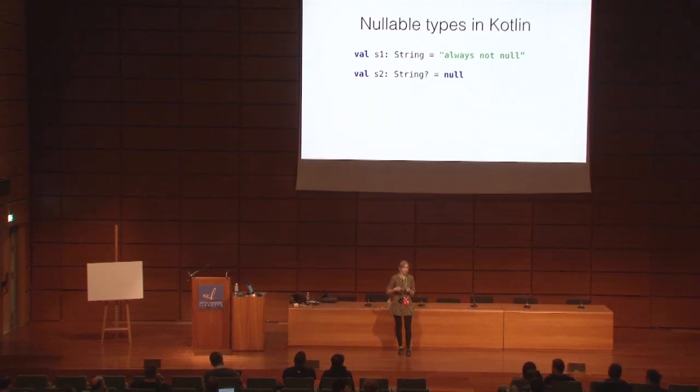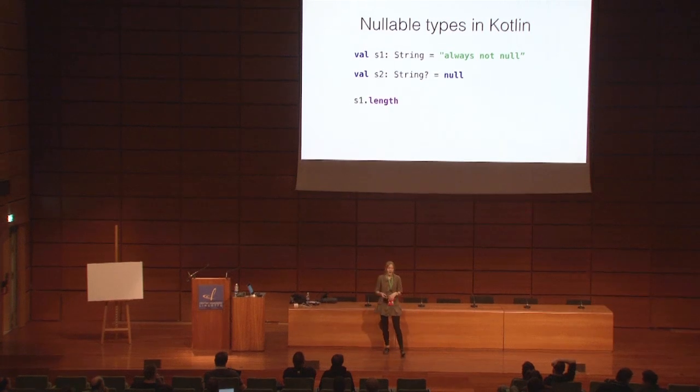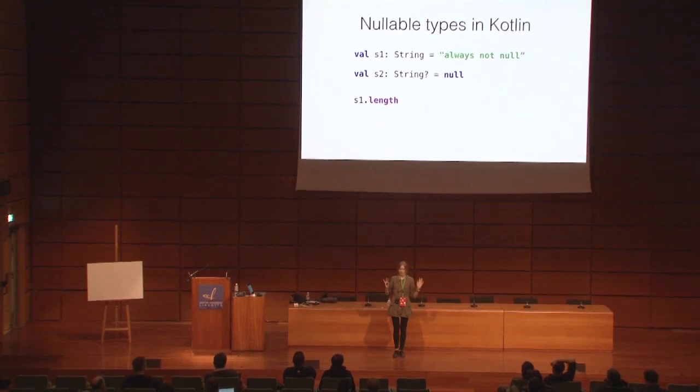And if you want it to be able to contain a null reference, you should declare it explicitly with a question mark. A type with a question mark means the value of this type can contain null. And you can safely dereference the first variable for sure. There are guarantees from the compiler that you can do that.